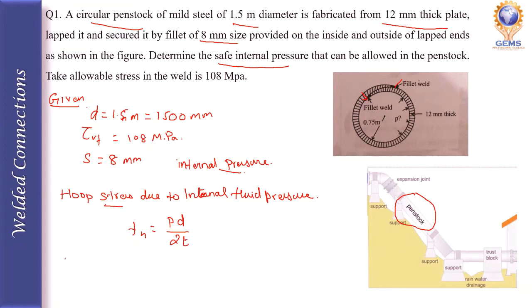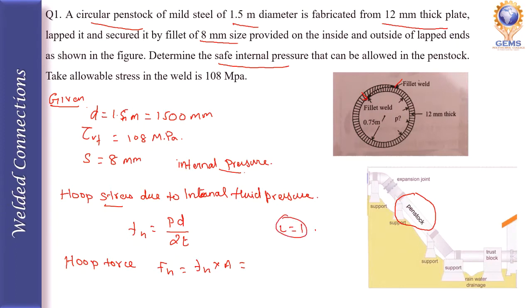What is the hoop force? Hoop force, capital F suffix S, is equal to hoop stress into area, that is FH into A. What is the area here? Length into thickness. We are considering the hoop force per unit length, that means L is equal to 1.